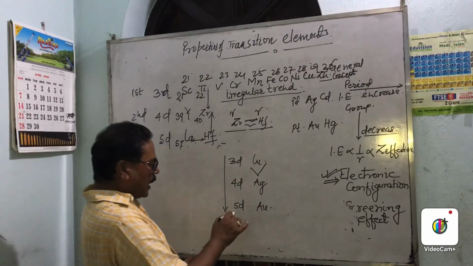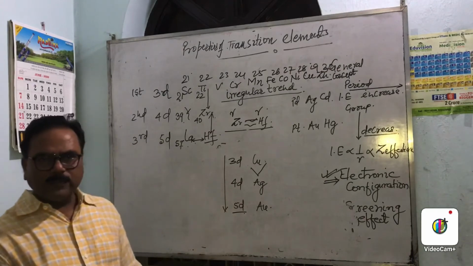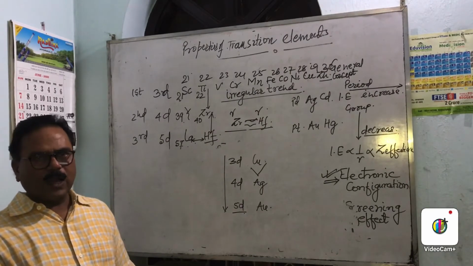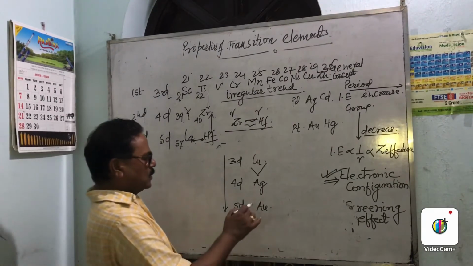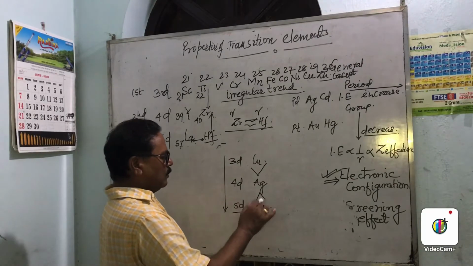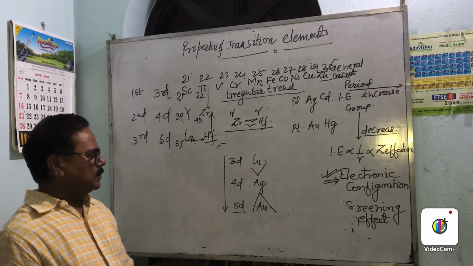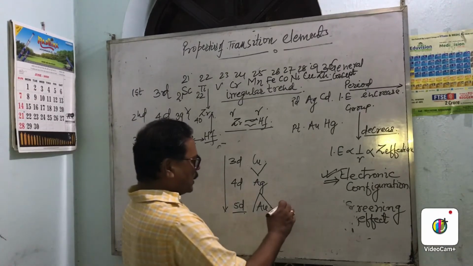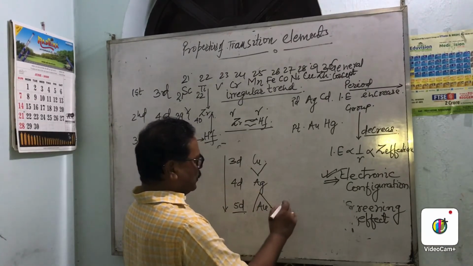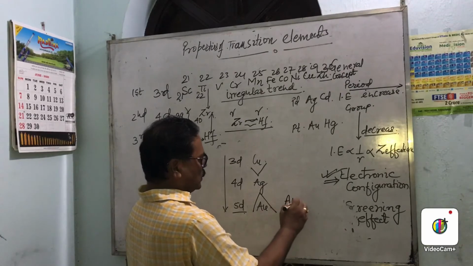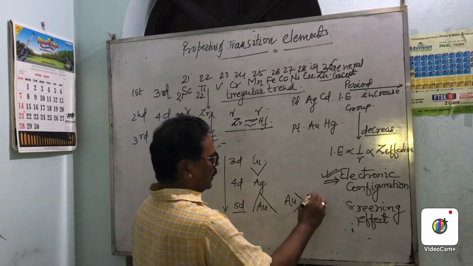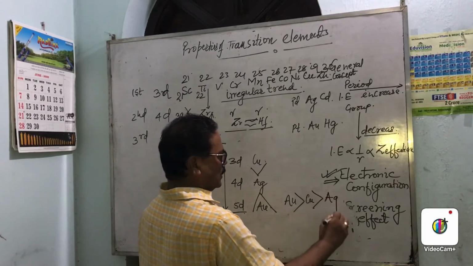But as discussed, the 5d will have the higher ionization energy, so this gold will have higher ionization energy than that of these. So the order comes out, if we arrange it, as gold, then copper, and then silver.